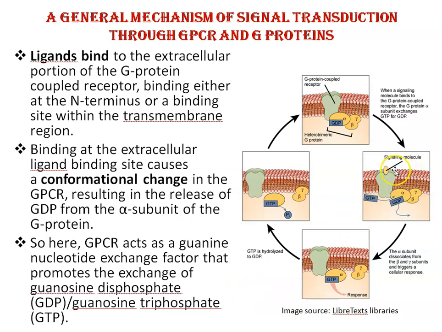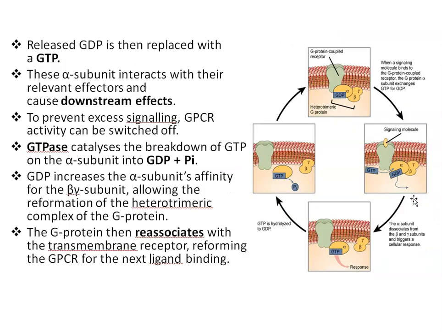Just look at this diagram here. Here the signaling molecule is binding its receptor, right? It causes a conformational change in the GPCR, resulting in the release of GDP from the alpha subunit of the G protein, right? So here the G protein coupled receptor acts as a guanine nucleotide exchange factor that promotes the exchange of guanosine diphosphate, meaning GDP, to guanosine triphosphate, meaning GTP, right?